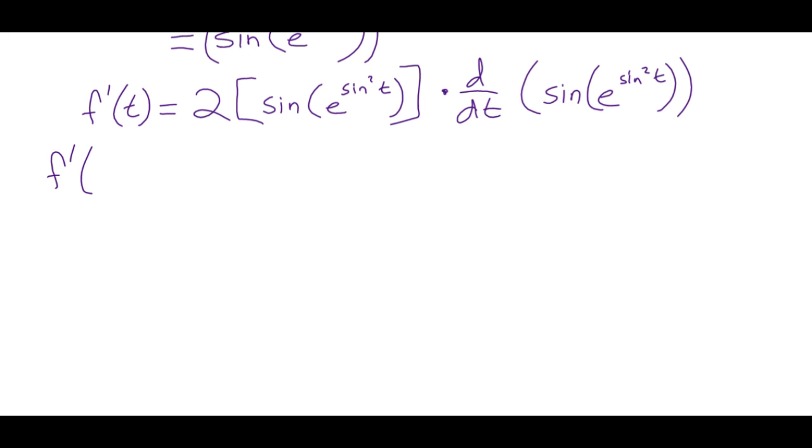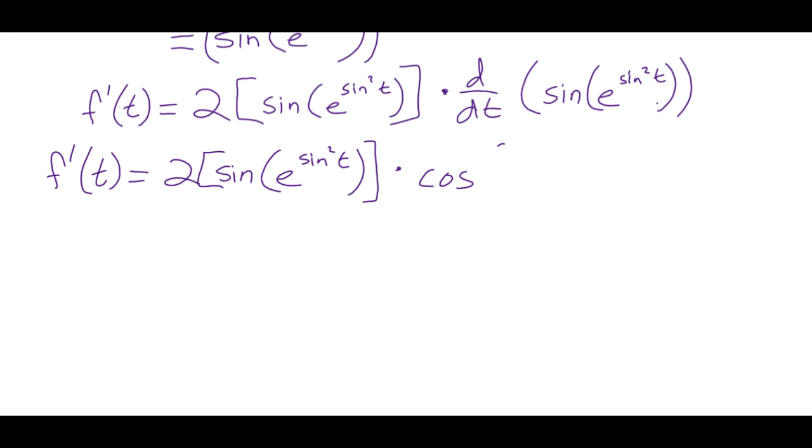So this first bit, the 2, just sits here. It's along for the ride. And now we want to take the derivative of sine of something. Well, the derivative of sine of something is cos of something, so it's the cosine of what's in here, so times cosine of whatever happens to be there, e to the sine squared t.